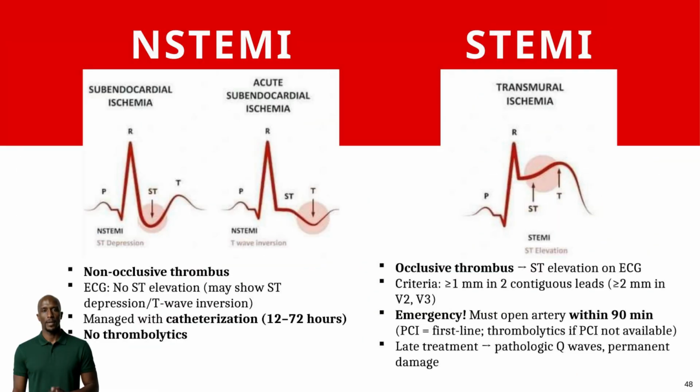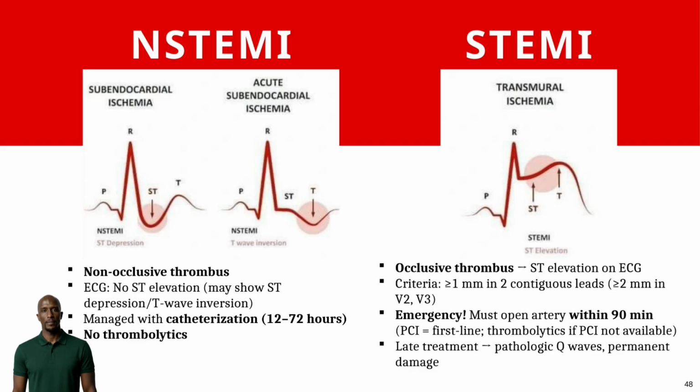Non-ST elevation myocardial infarction involves a non-occlusive thrombus, showing no ST elevation on electrocardiogram, possibly ST depression or T-wave inversion. Managed with catheterization within 12 to 72 hours without thrombolytics.